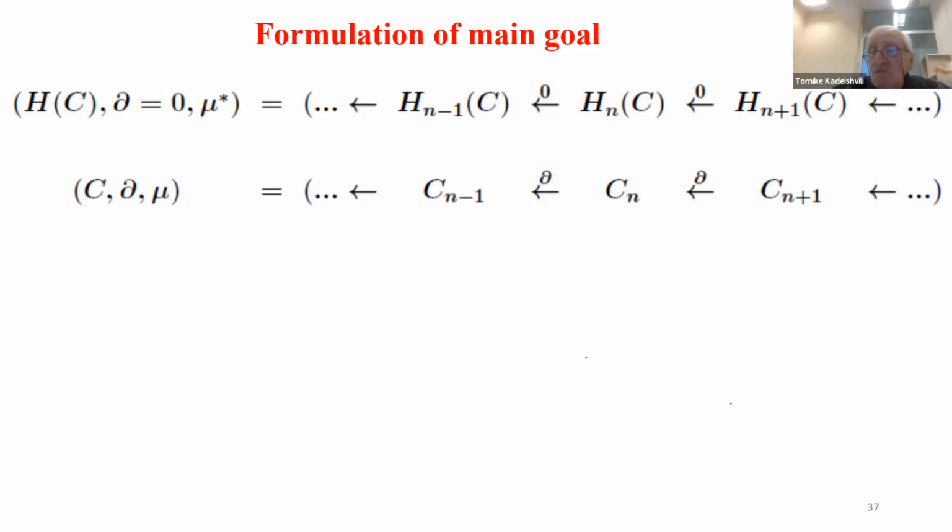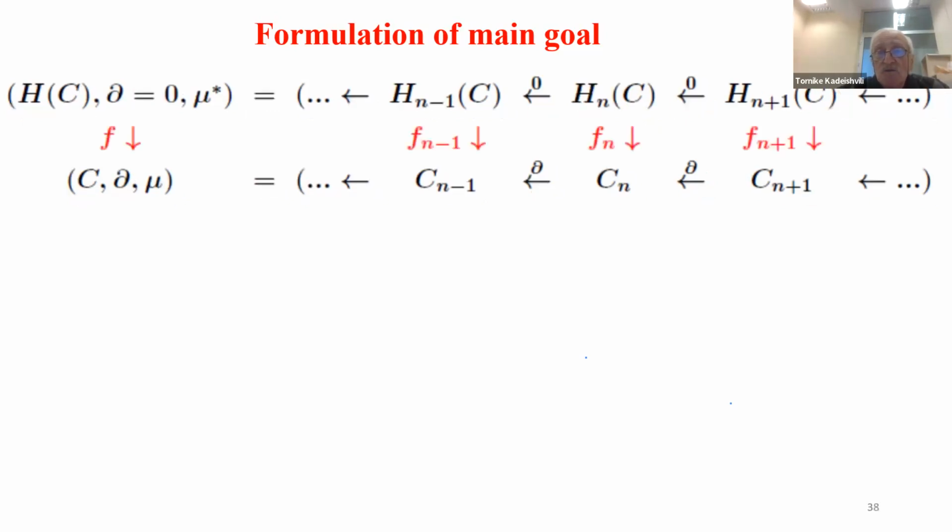But there is an economic principle. If you step from something complicated to something easier, it costs money. You must pay for it. You lose information. The collection of H's, or chain complex with zero differentials, has the same homology as C's, but it is not so informative.